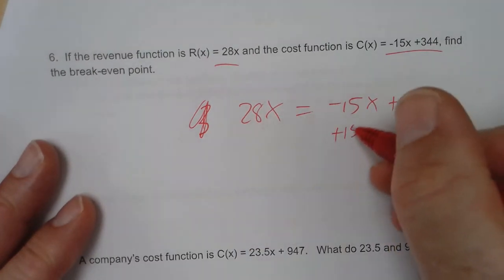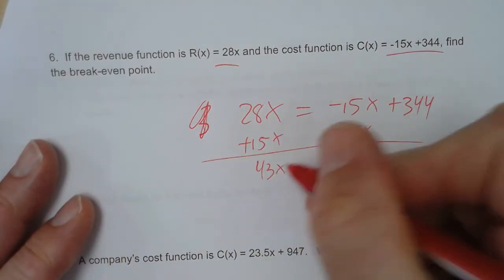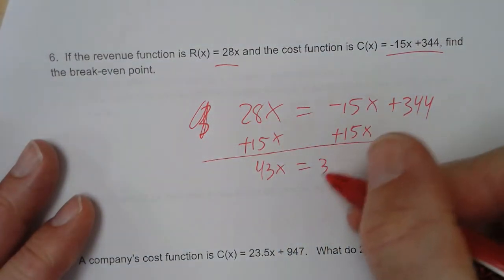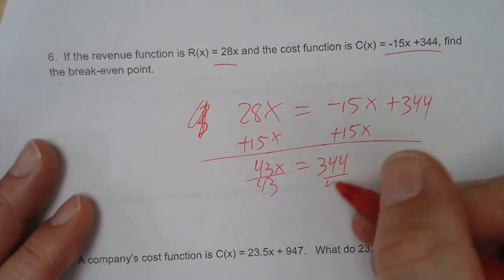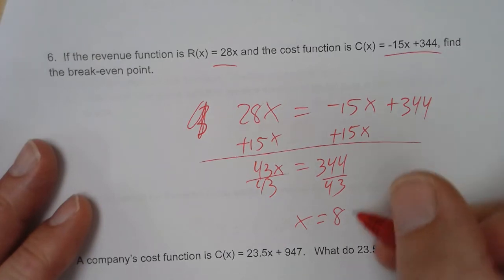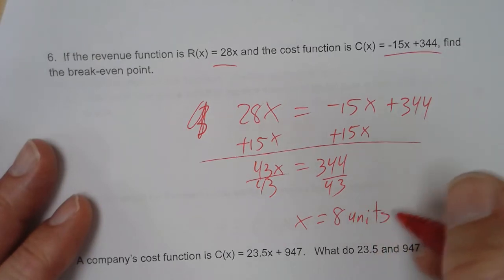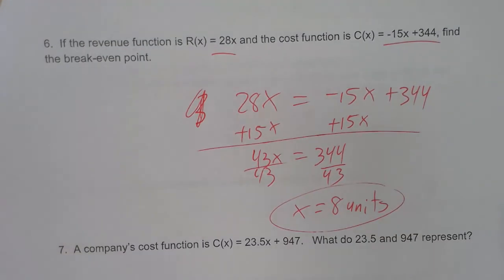So add 15x over, and you get 43x is equal to 344. We divide by 43. We get x is 8. We don't know what it is. It's 8 units. So you're going to have to sell 8 of them, whatever it is that we're creating here to do that.